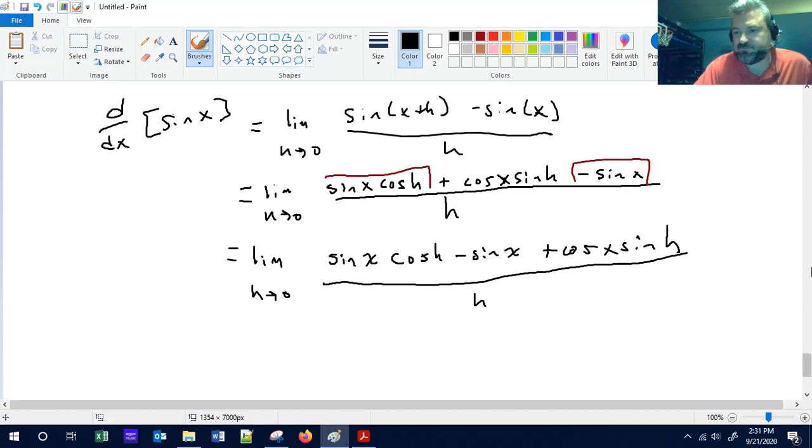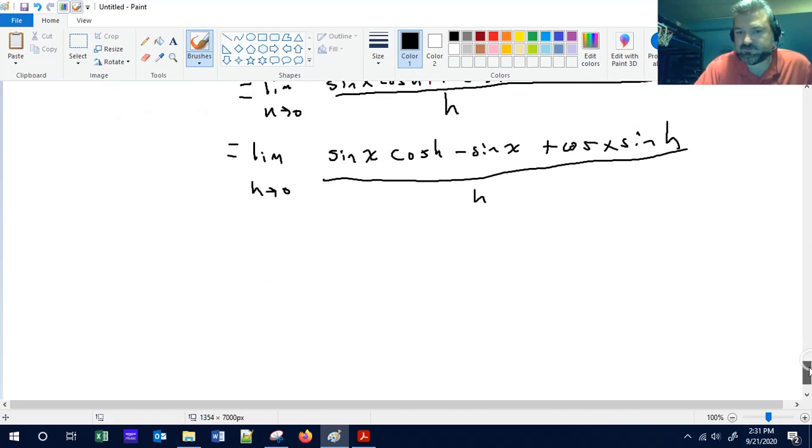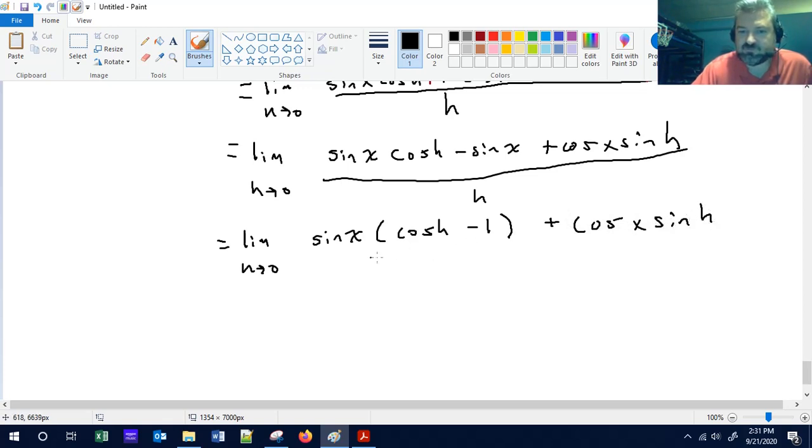Now I'm going to factor out sine of x. So I get the sine of x times cosine of h minus 1, plus, then I have cosine x sine h all over h.